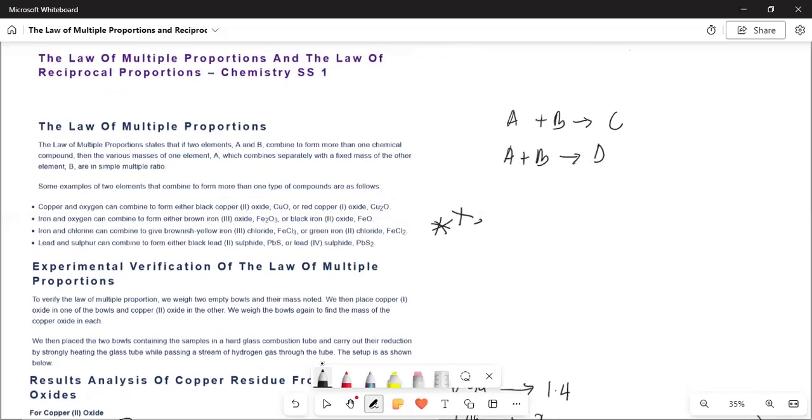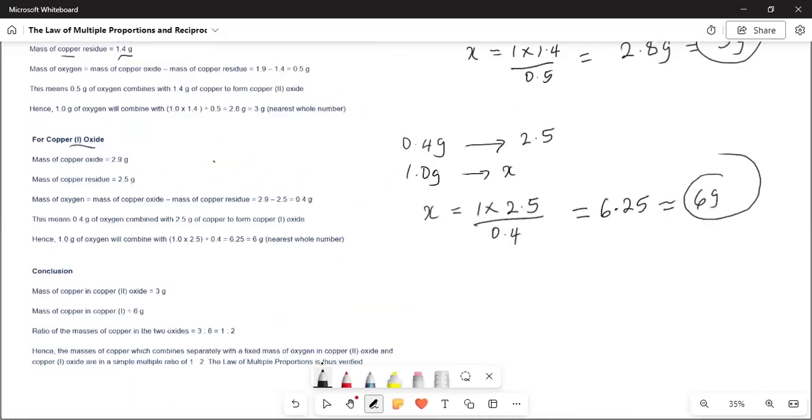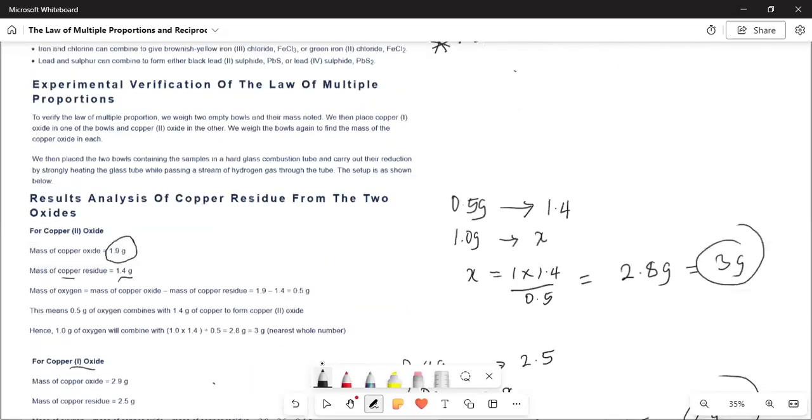If two elements A and B combine to form more than one chemical compound, then the various masses of one element A, which combine separately with a fixed mass of the other element B, are in simple multiple ratio. So in this case, what is fixed here? Oxygen is fixed because we are using 1 gram as a standard in both oxides.